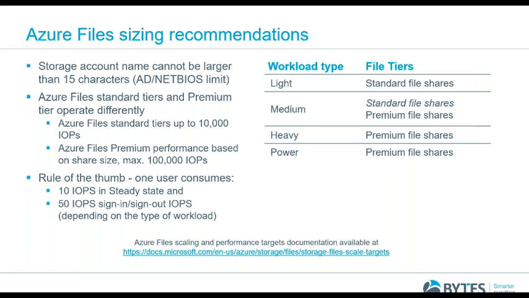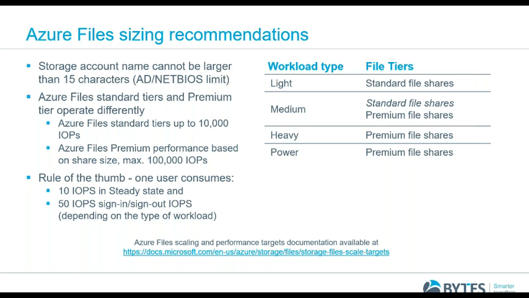One thing to bear in mind is the standard tiers, so that's the transaction optimized, the hot and the cool tiers, are limited in performance. They're limited to 1,000 IOPS, but they're also limited in megabytes per second. If I remember correctly, it's something like 60 megabytes per second read, and I think it's 40 write.